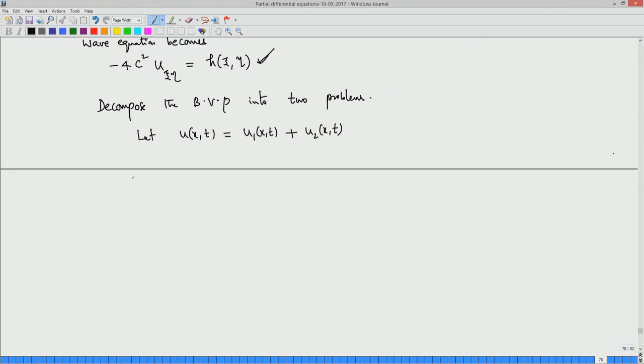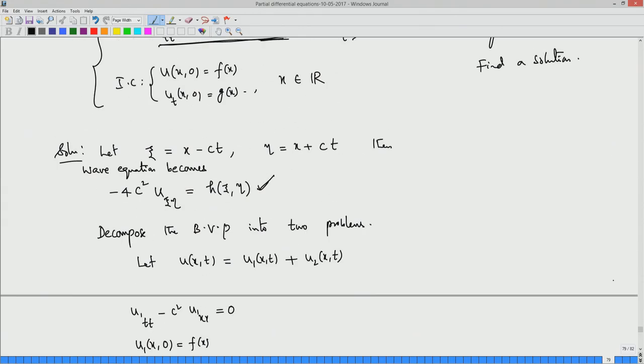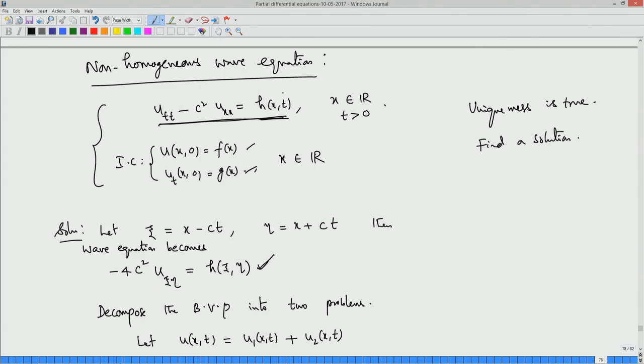That is u1 tt minus c square u1 xx equal to 0, with initial values: u1 at x, 0 equal to f of x, taking the full initial values, and u1t at x, 0 equal to g of x. The non-homogeneous part I make 0 for u1.